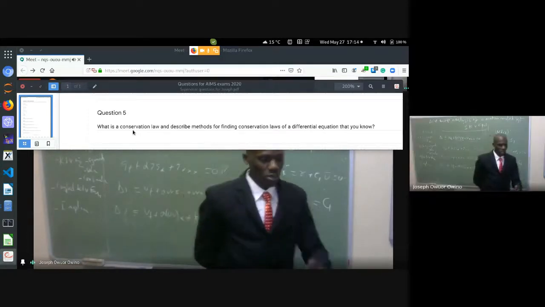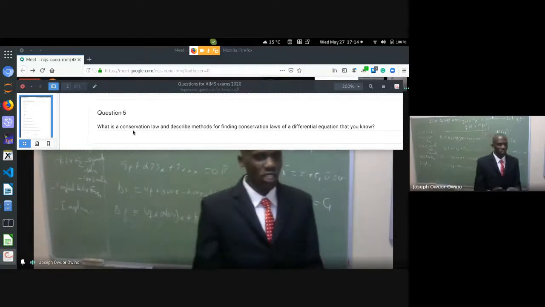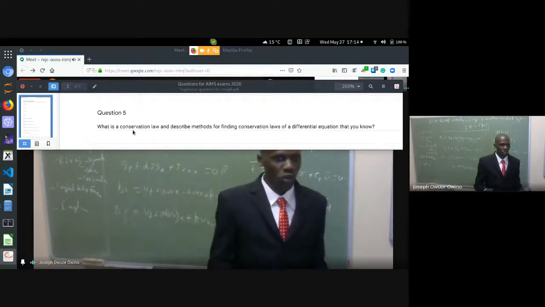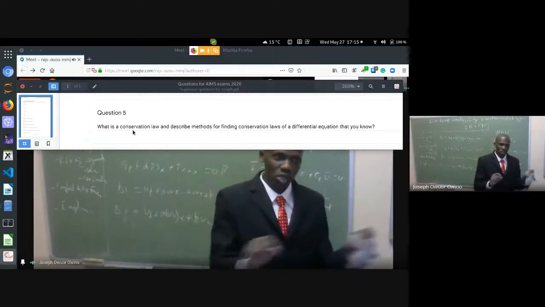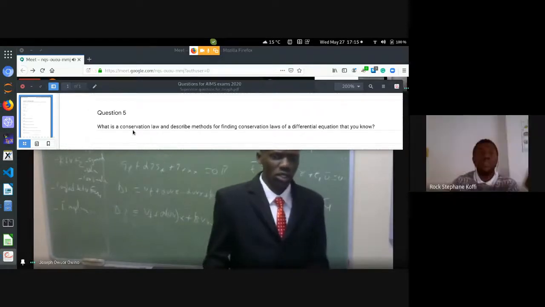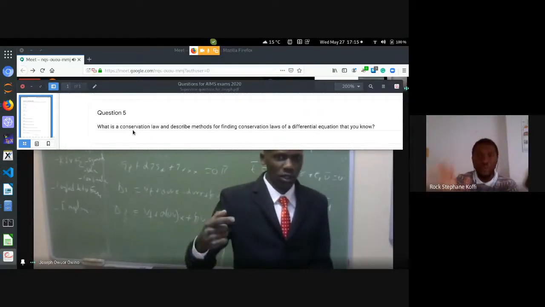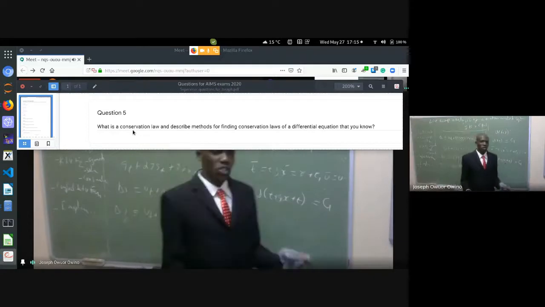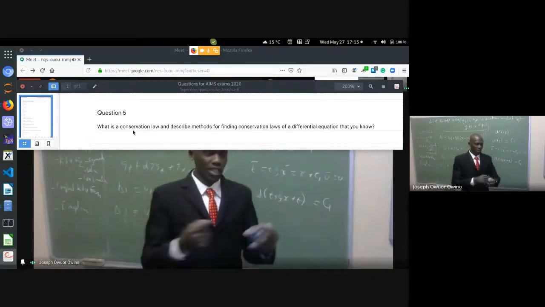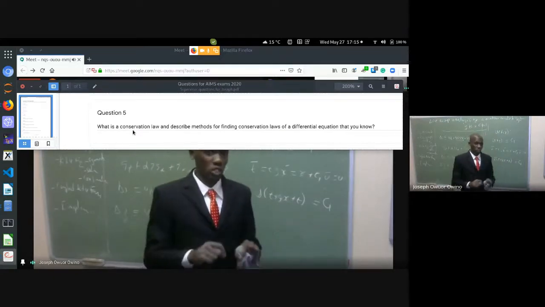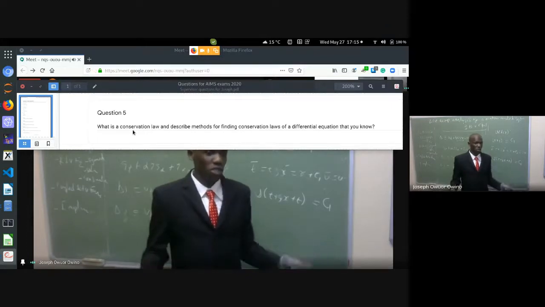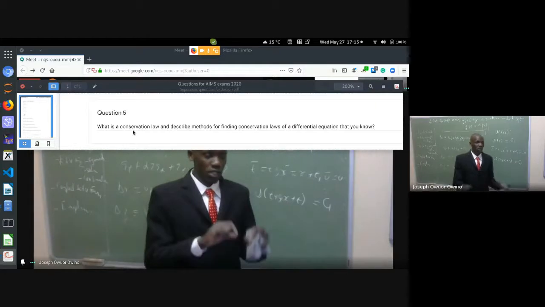So in the second part, you are saying I use another differential equation that I know, or generally methods for finding conservation laws. So first of all, what is a conservation law? A conservation law is simply a divergence expression which vanishes on the solutions of the ODE or PDE and describes invariant properties of the system that it describes.